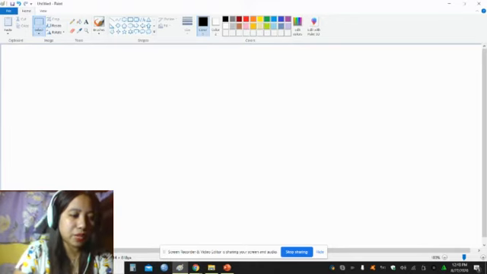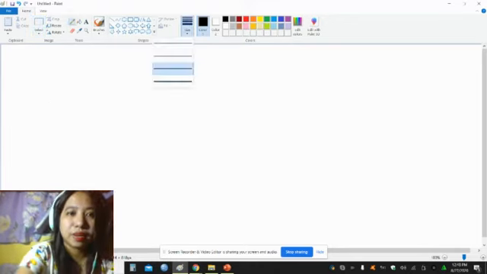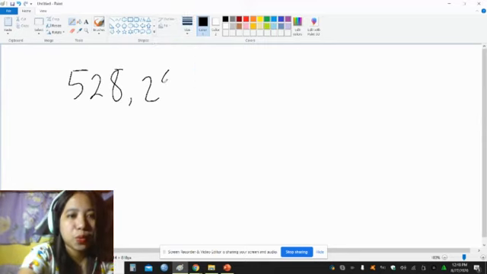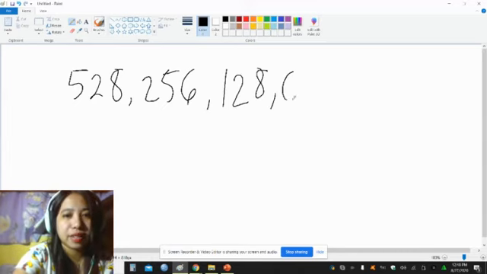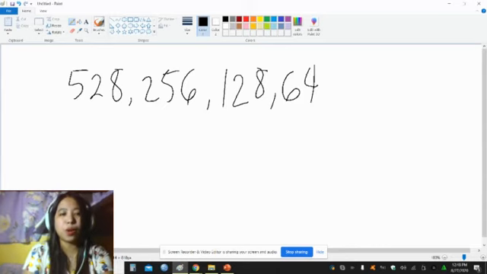Okay, let's have another example. What if our sequence is 512, 256, 128, and 64? As you can see in our values, it is decreasing. So what number will you multiply to get 256?